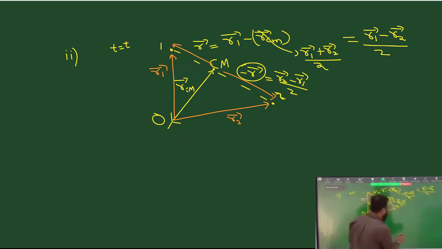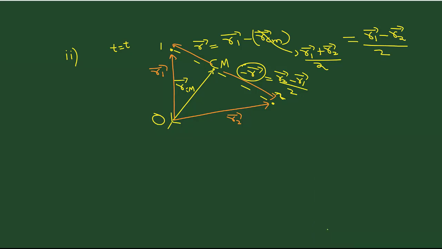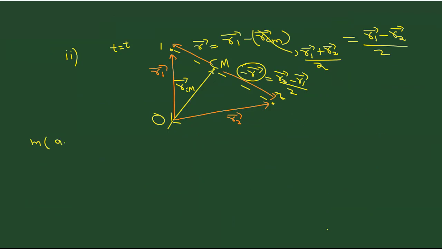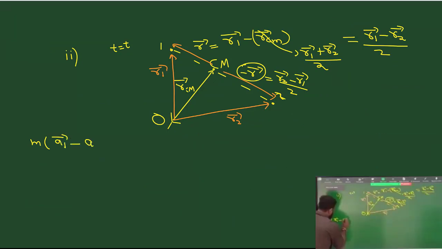The equations that I have written previously for A1 and A2 will take me there. Even if I had subtracted these equations, my equation would have been M times (A1 vector minus A2 vector). Let's see what I get as my RHS term. Just subtract these two terms.